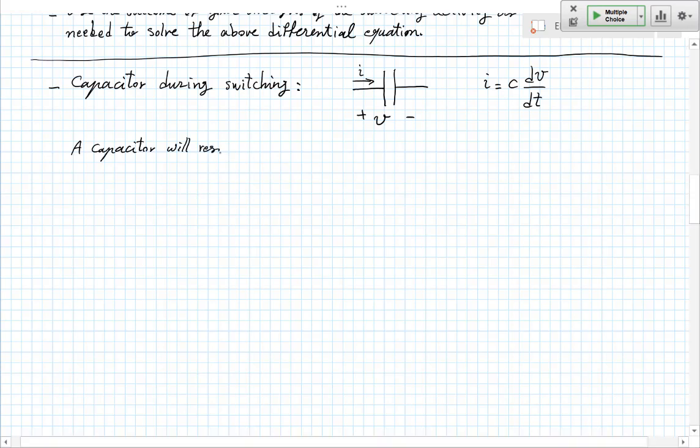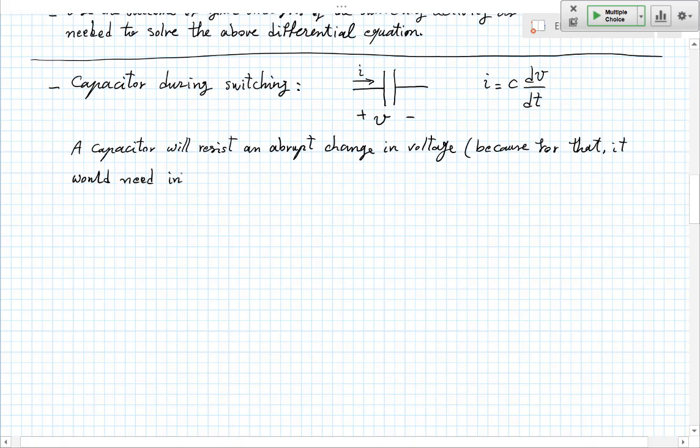A capacitor will resist an abrupt change in voltage, because for that it would need infinite current.